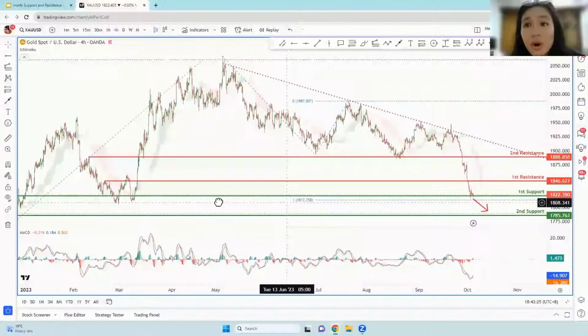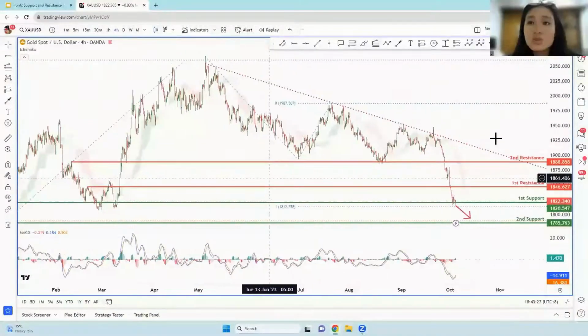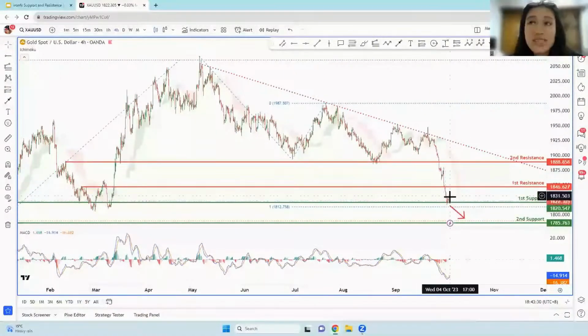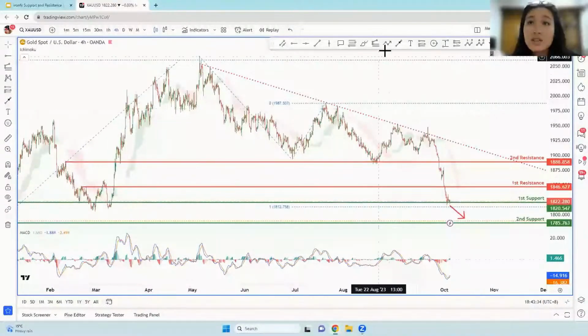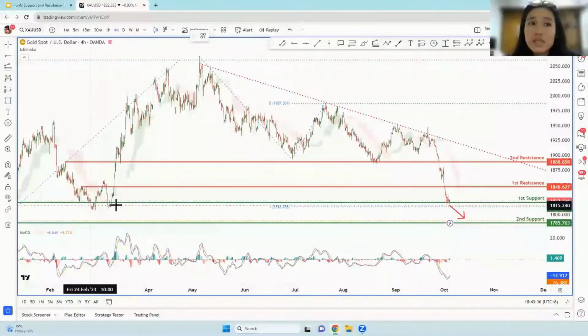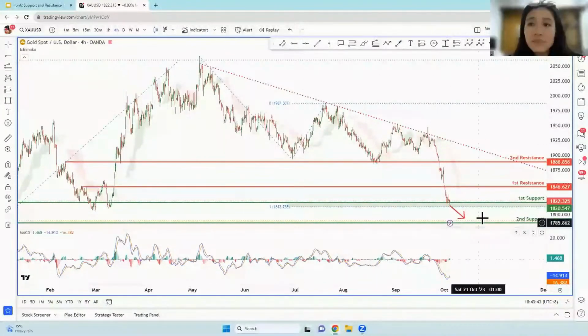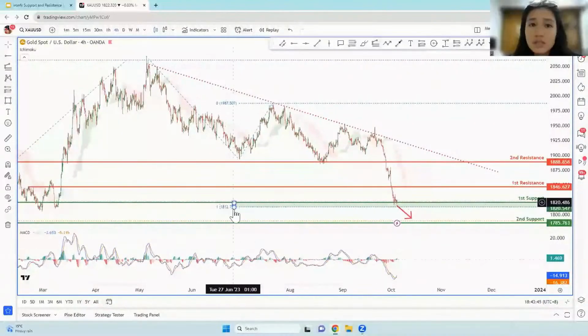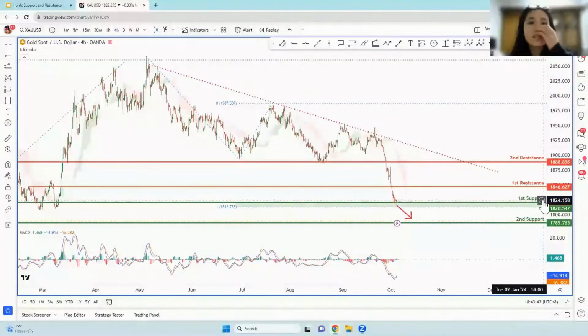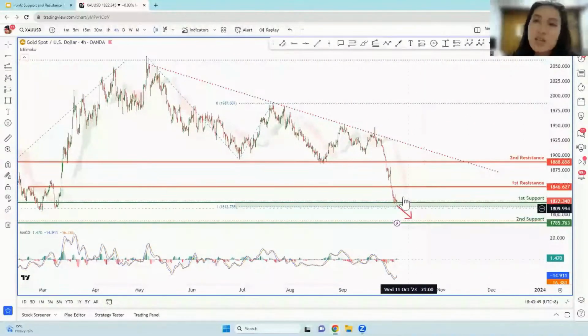So it's an overlap support, and we can expect price to come back and retest this level, which it's doing now, as you can see. And on top of that, we also have this 100% Fibonacci projection that has not been surpassed yet. So we're still seeing price test this level.